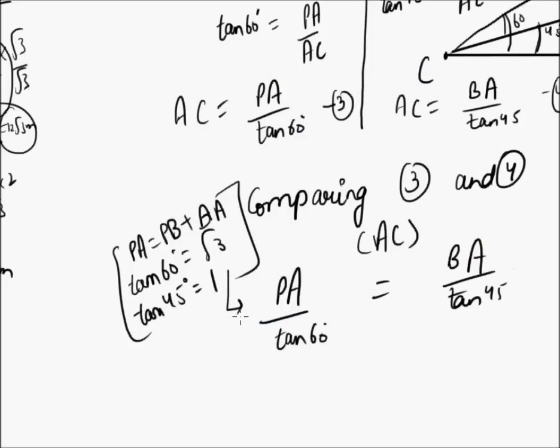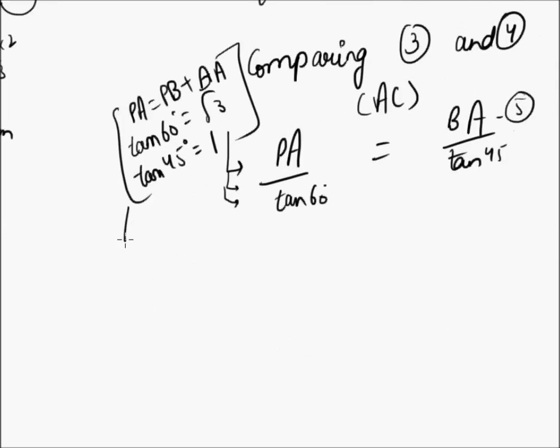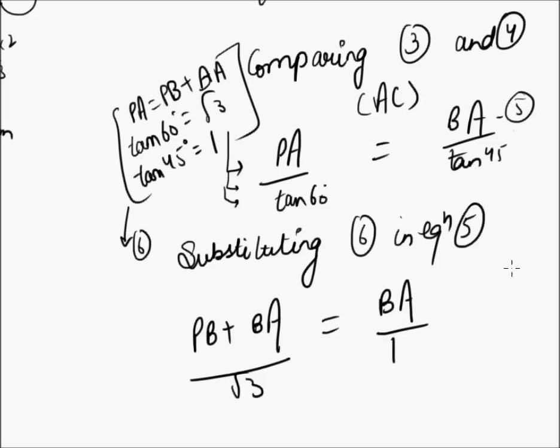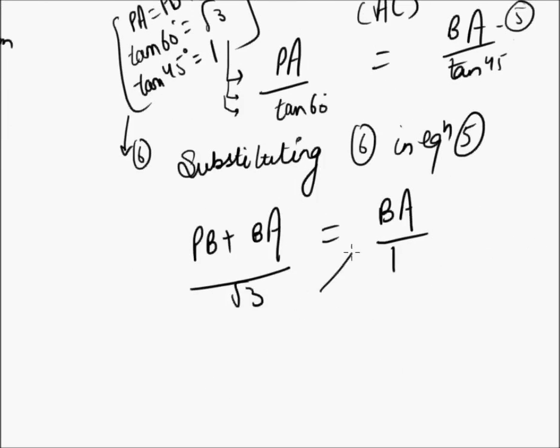So substituting this in equation 5, we have PA as PB plus PA over under root 3 equals BA over 1. So on cross multiplying, PB plus BA comes out to be BA into under root 3.